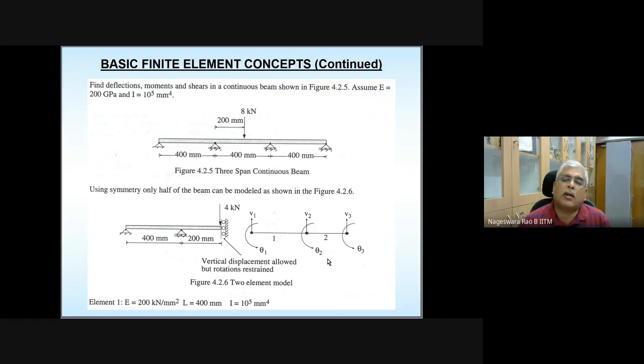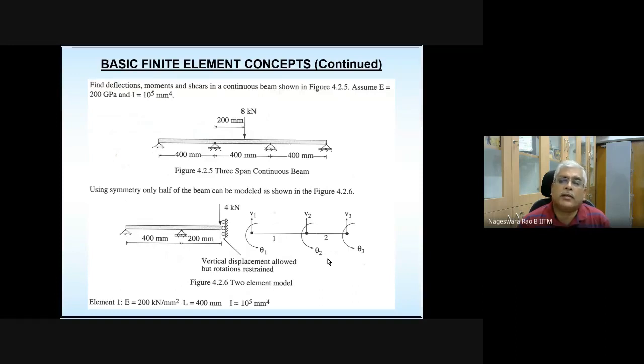When this kind of problem is given, it is important to decide where the nodes should be. How many elements should I consider? Can I consider each span as one element? Or should I have a node at the point where loads are applied, or where a concentrated moment is applied?